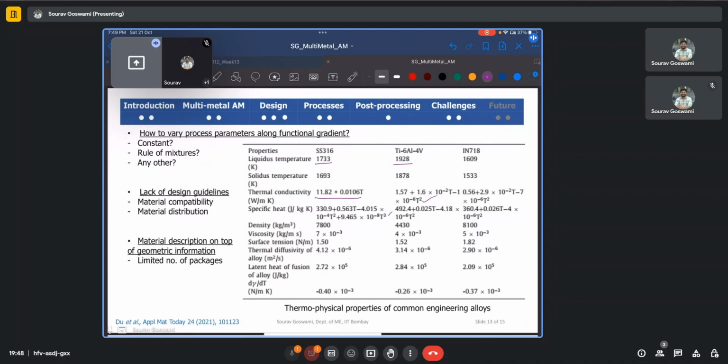Like we saw, one of the ways to sidestep it is to actually divide my model into a finite number of submodels, to each of which I will assign a different material as well as the process parameters. However, this still involves a lot of work, and assigning of the deposition properties as well as the material properties directly to subparts of a model is still limited to a very few number of packages. One of those I know is Autodesk Monolith.